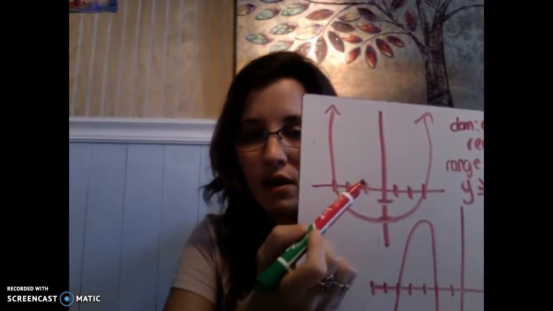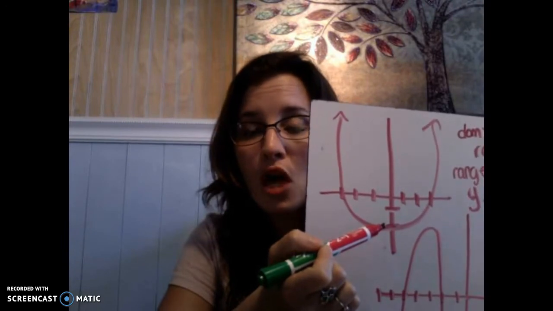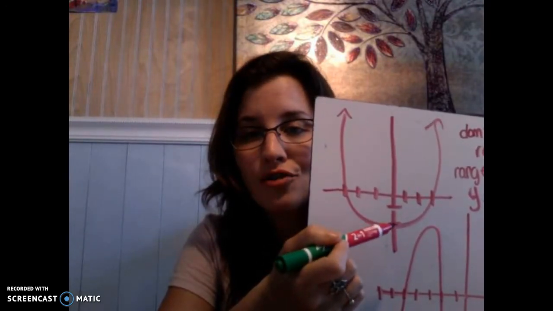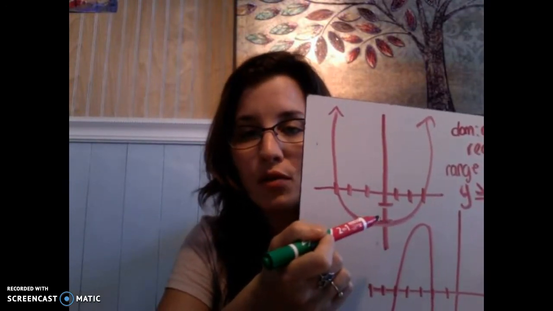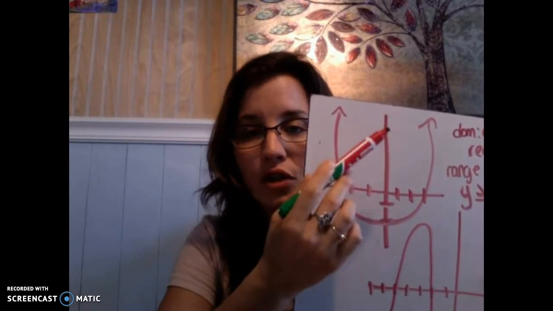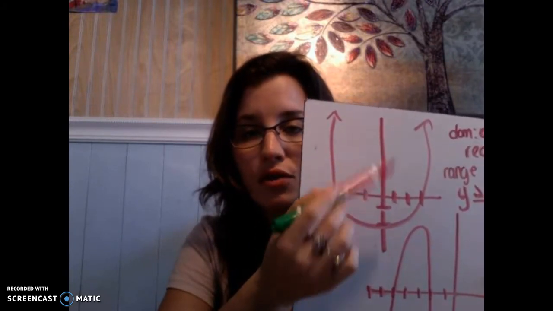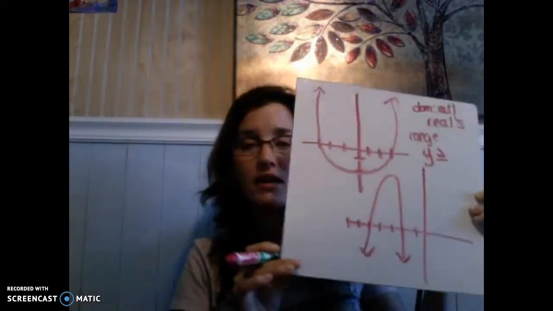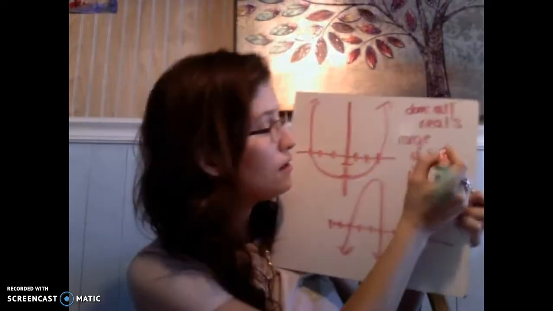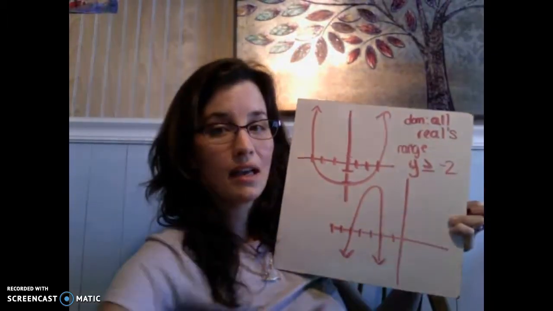What's the lowest y value going to be? The vertex. So this vertex is (0, -2). So that means my range is going to be greater than or equal to -2, because it can go from -2 up forever. So my range then would be y is greater than or equal to -2.